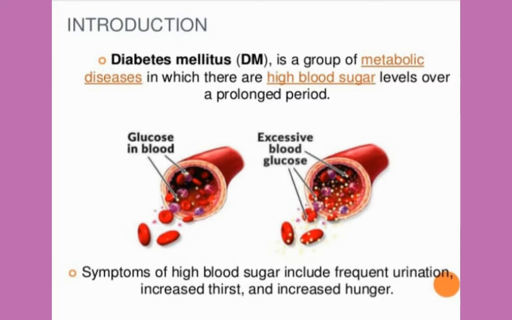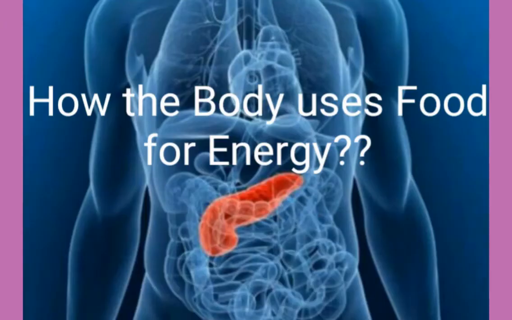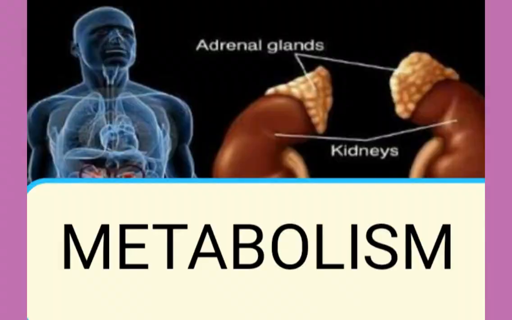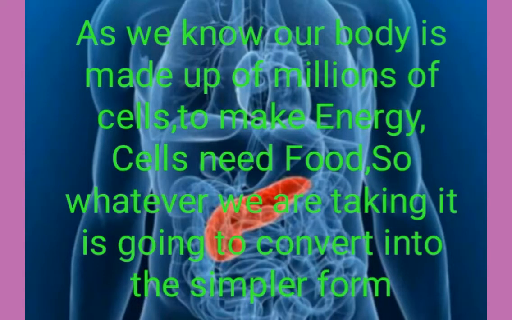Now the question arises: how does the body use food for energy? To better understand diabetes, we will see how the body uses food for energy, that is, the process of metabolism. As we know, our body is made up of millions and trillions of cells.